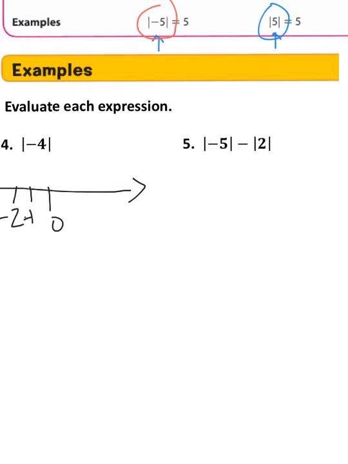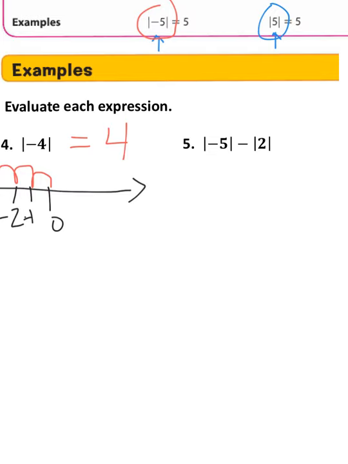I know all my negative numbers are to the left, so I just count how many spaces from 0 to negative 4: 1, 2, 3, 4. My answer is simply 4, because it's 4 spaces, and that's the distance.